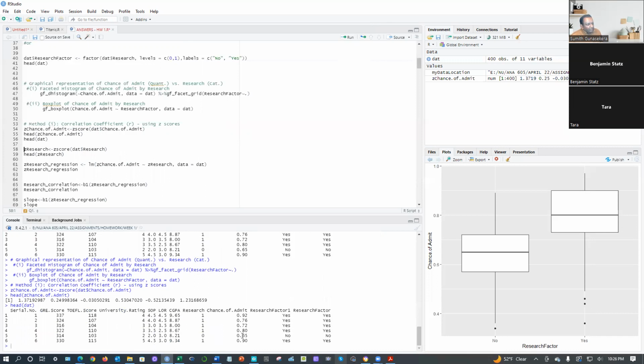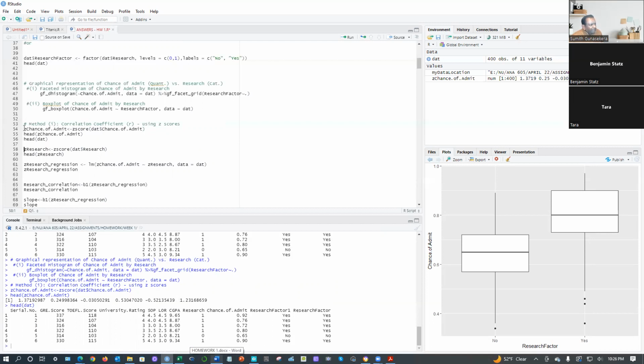See, chance of admit is here already. Z-score, see, it doesn't come over here. I don't see that one being saved back to SOP, LOR, GRE, research, chance of admit, research factor.